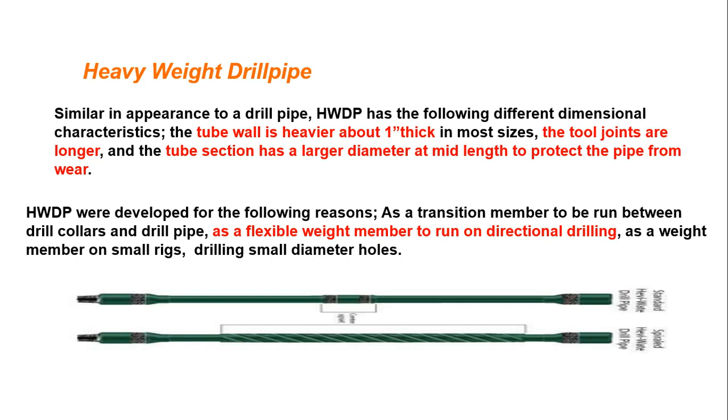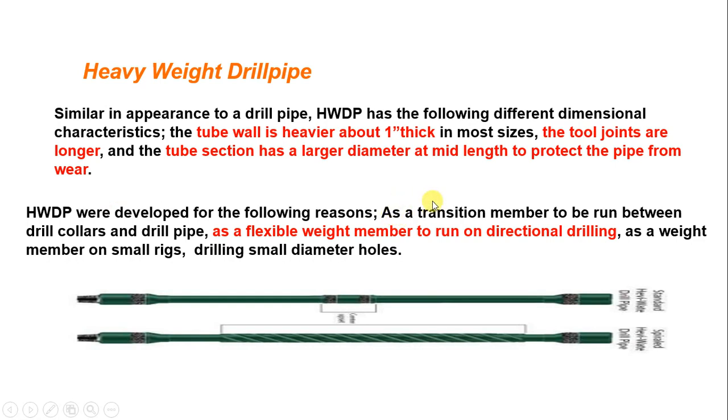The shorter one is the drill pipe, but the longer one is the heavyweight drill pipe, and the stand which doesn't have any tool joint is the drill collar, mainly the drill collar. So the tool joints are longer, and the tube section has a larger diameter at mid length to protect the pipe from wear. Heavyweight drill pipe were developed for the following reasons.